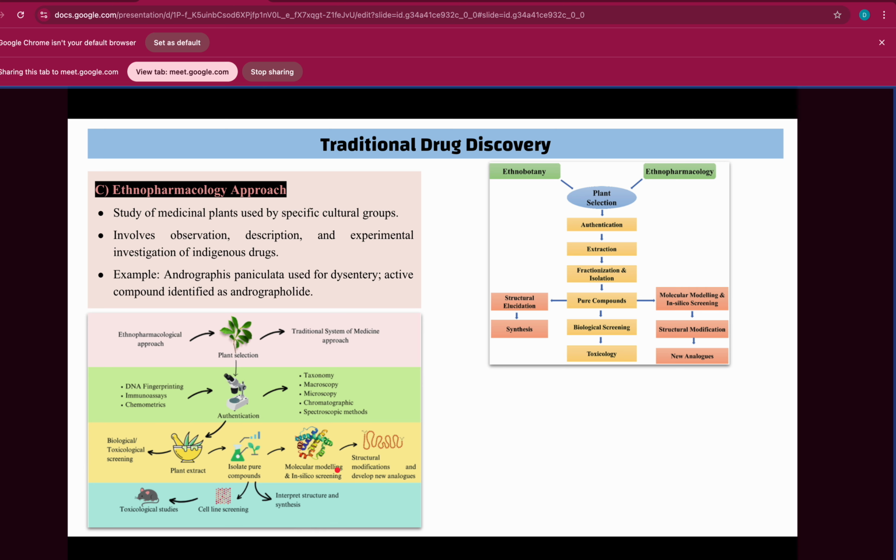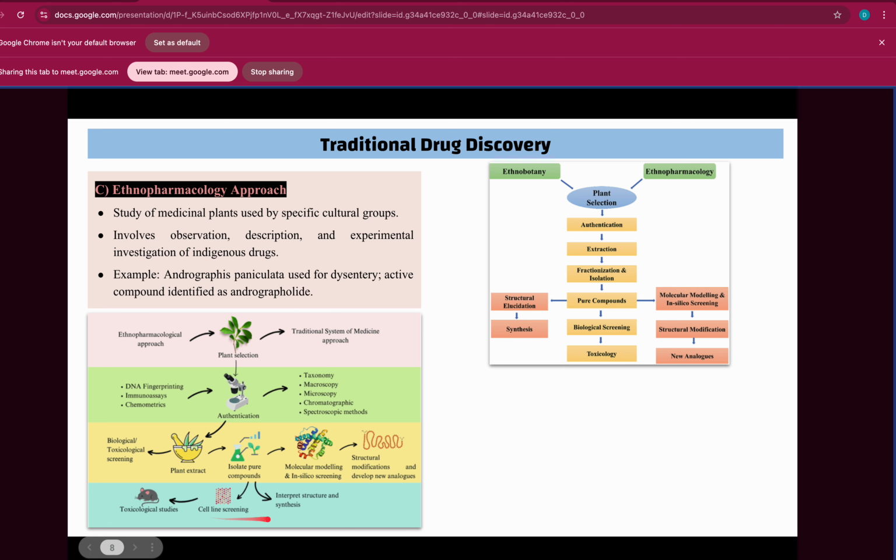So in this molecular modeling, generally it is observed whether the compound is stable, what the structure of this compound is, and then structural modifications are done to develop new analogues of that particular compound, so that we can increase the database of those chemical compounds, and we can find out whether some of them could be better lead compounds. So this is like we obtained a hit and we are optimizing it. So in this case, optimization is done by using this molecular modeling and making certain structural modifications.